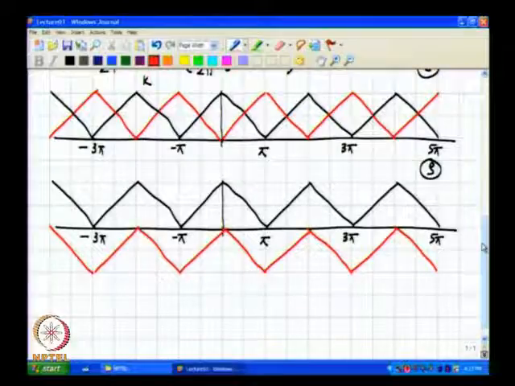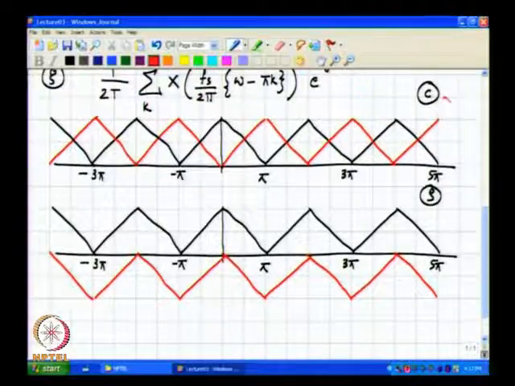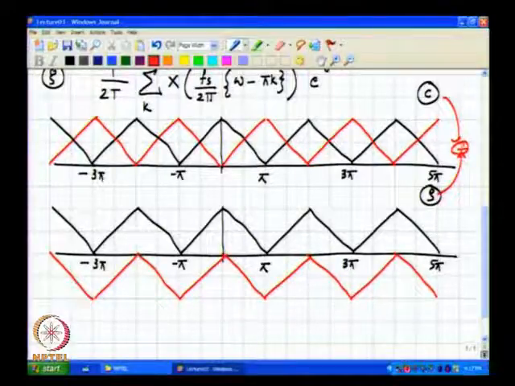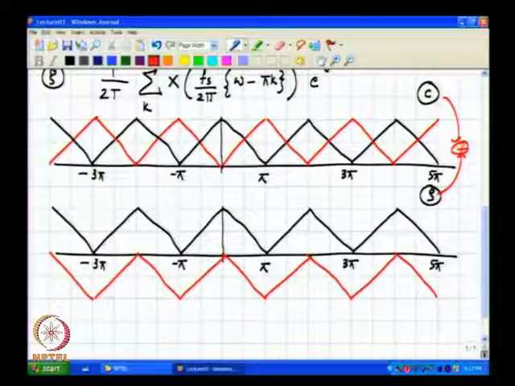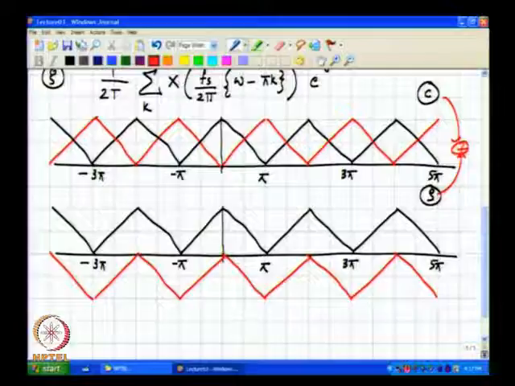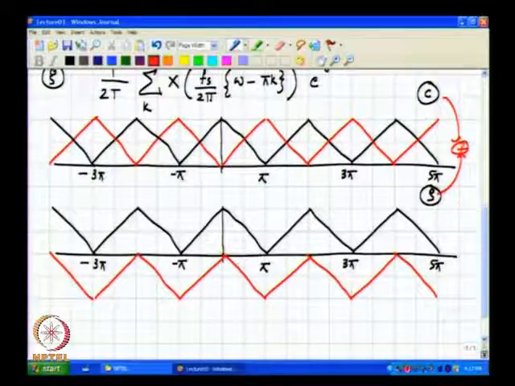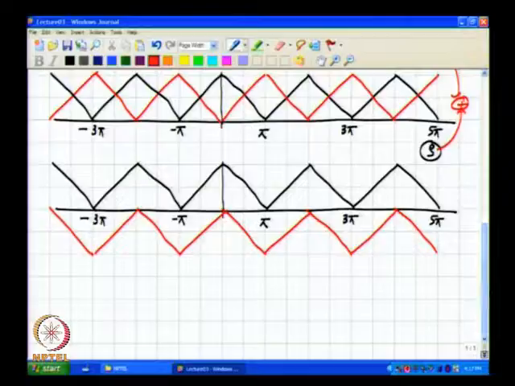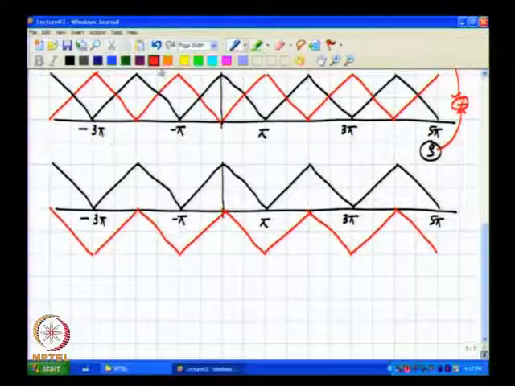However, when you add C and G together, what is happening? The step and repeat happening at odd multiples of pi get cancelled, whereas those at the even multiples of pi reinforce each other.